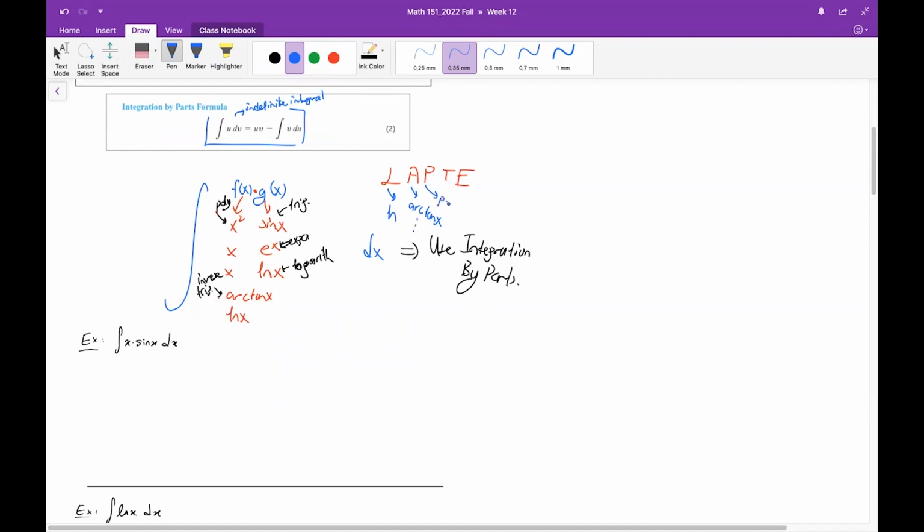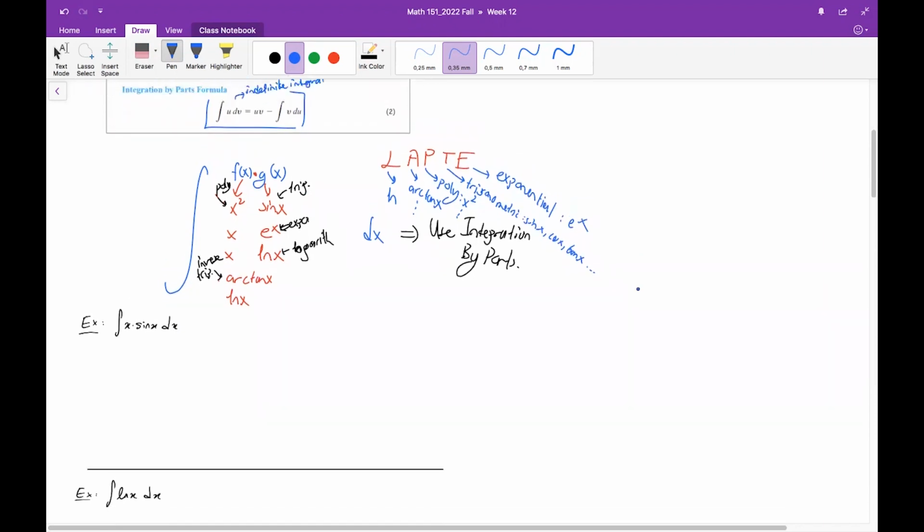P stands for the polynomials like x, x square and all other different polynomials. T stands for the trigonometric functions. So what are trigonometric functions? Sine x, cosine x, tangent x, and there are a lot more. E stands for the exponential function, which is e to the power x, okay?